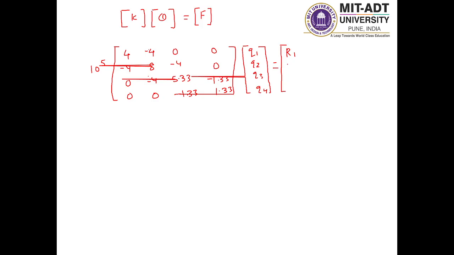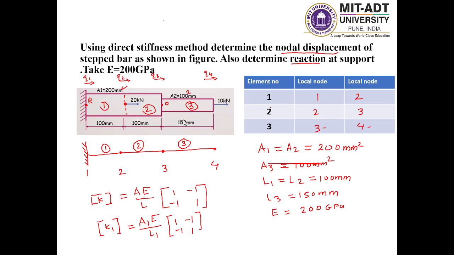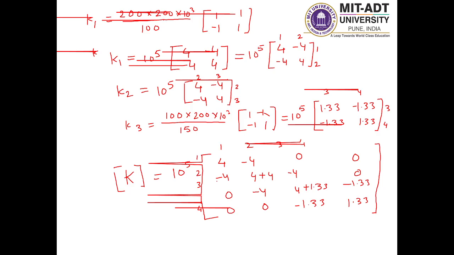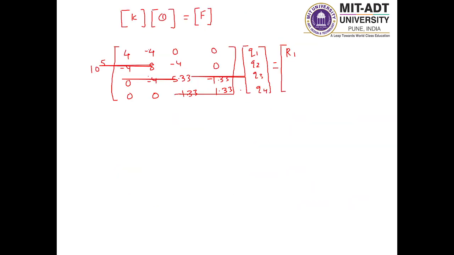Then at node 2, what is given in the problem is 20 kilonewton, so 20 into 10 raised to the power 3, then 0, and then finally at node 4 we will have 10 kilonewton. Okay, so this is what is given.